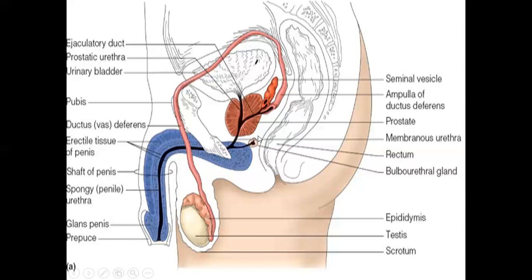Now from the bulbourethral gland, the secretions pass into the spongy or penile urethra, and then eventually go out through the urethral meatus, to be delivered into the vaginal tract or to the external environment.